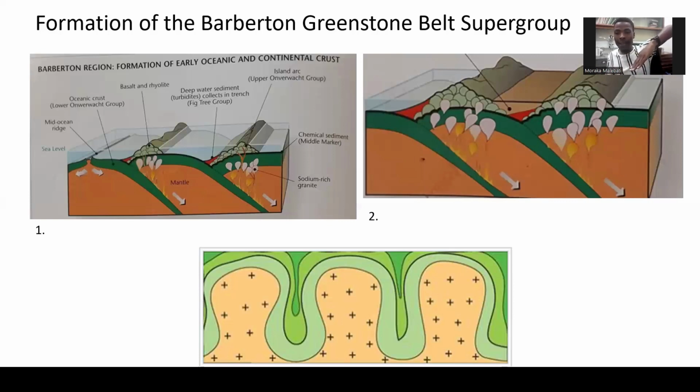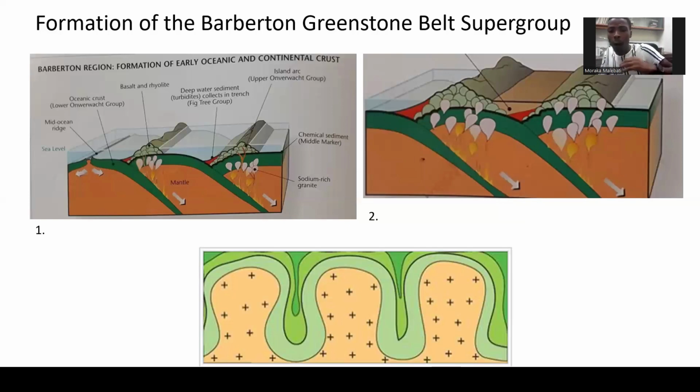The slope is like this. Because we had the water, when these sediments are moving down the slope within the water, they move under the influence of gravity, which is what we call the turbidity current.